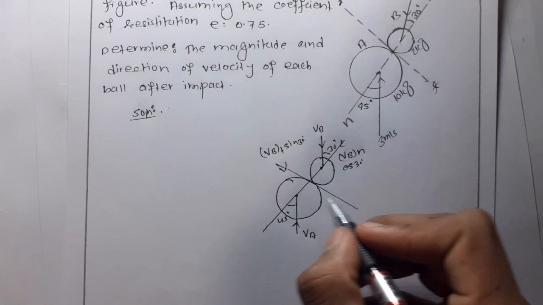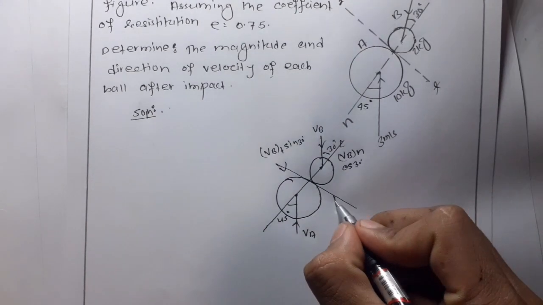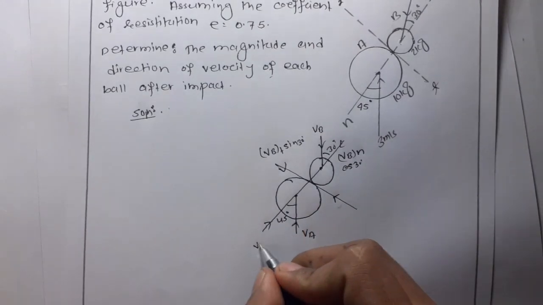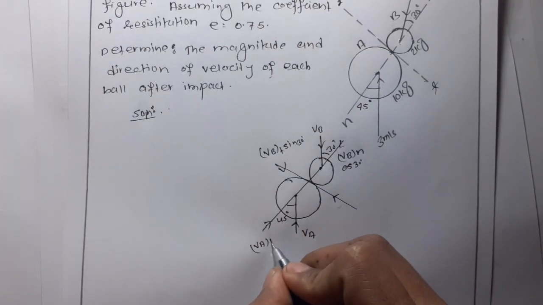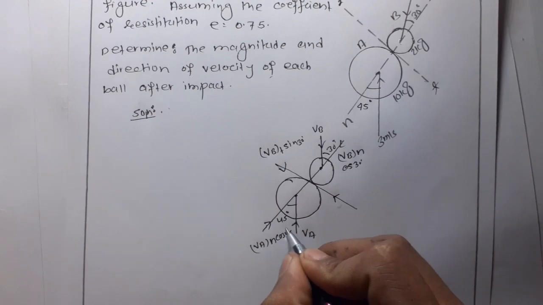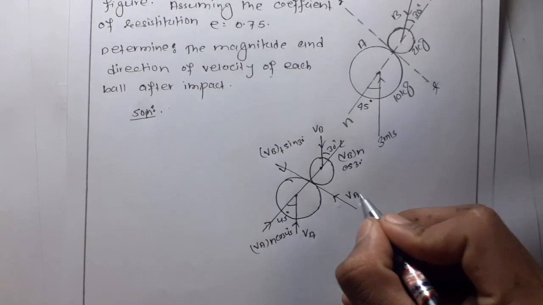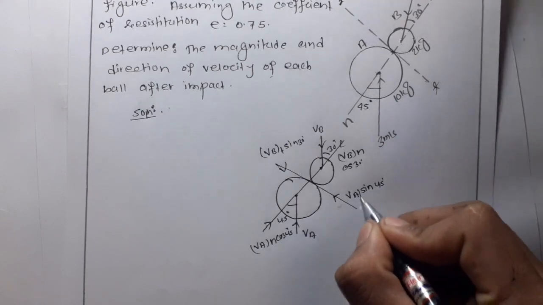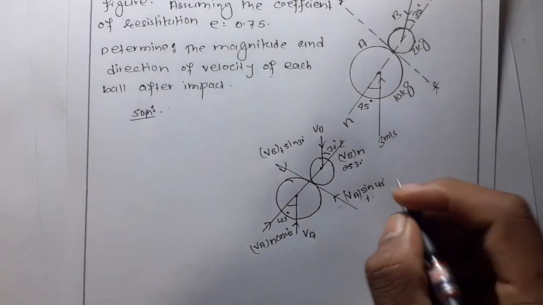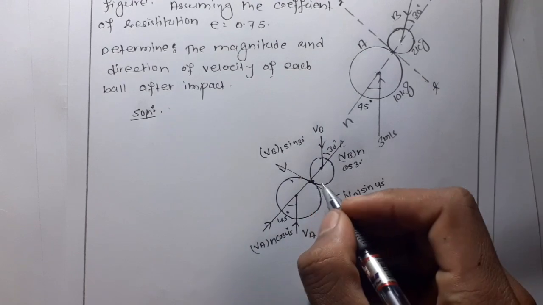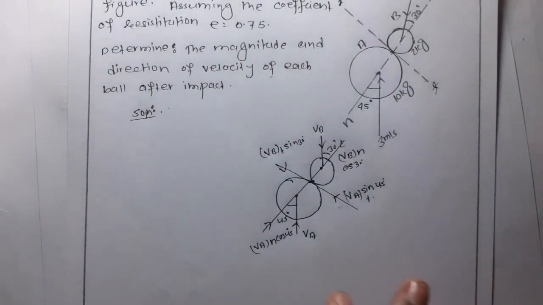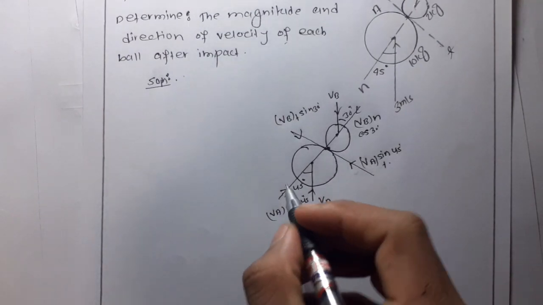And in the case of A, the normal component is vAN. So this is v_A cos 45 degrees and the tangential is v_A sine 45 degrees. So this is vAT. Now this is the simple figure where we have shown the tangential and normal components.